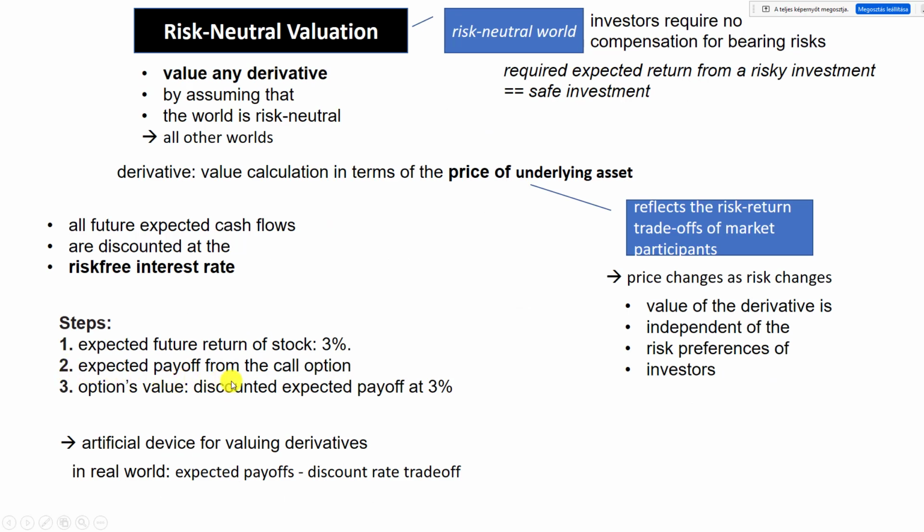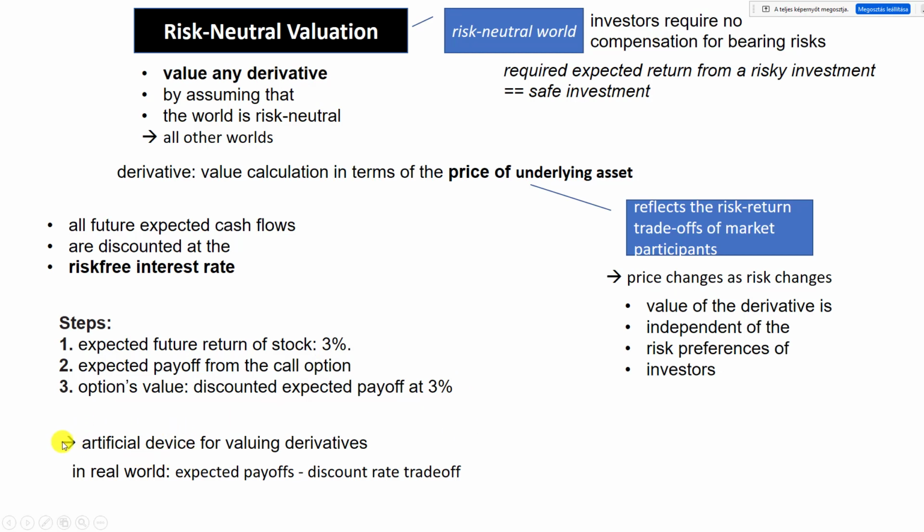Then we have the expected payoff from a call option, because we know what will happen there. And then we have the option's value, so we are discounting the expected payoff at the risk-free rate. I don't like it, but the book was using the same numbers, and okay.